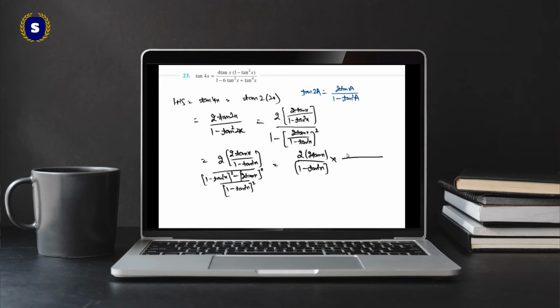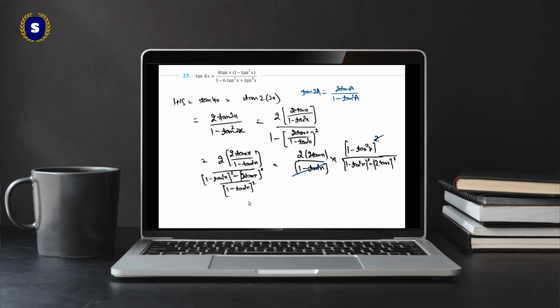So we get 1 minus tan square x whole square upon 1 minus tan square x whole square minus 2 tan x whole square. We can see that on the numerator side we have only 1 minus tan square x, and on the denominator side we have its square. So we cancel out their power.